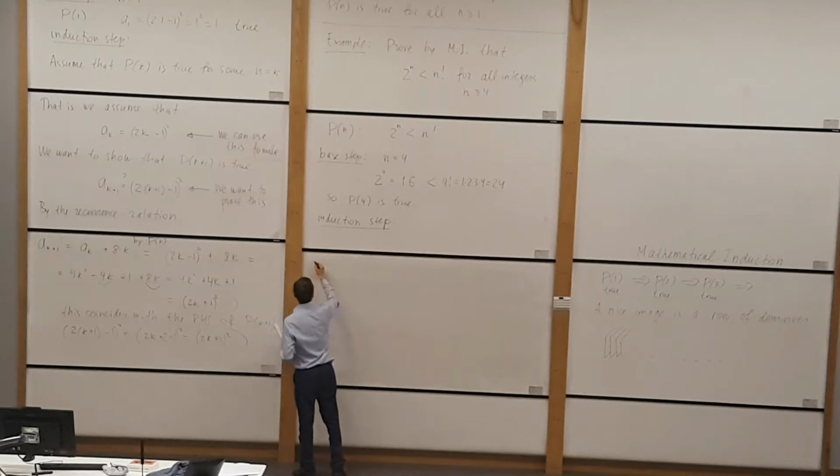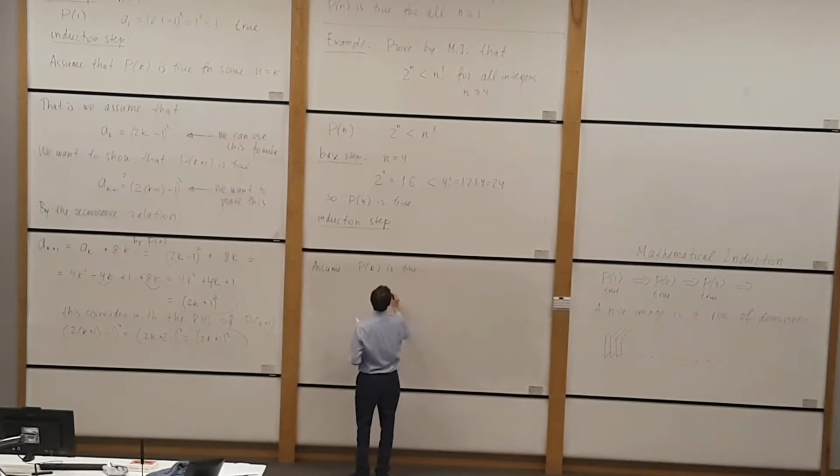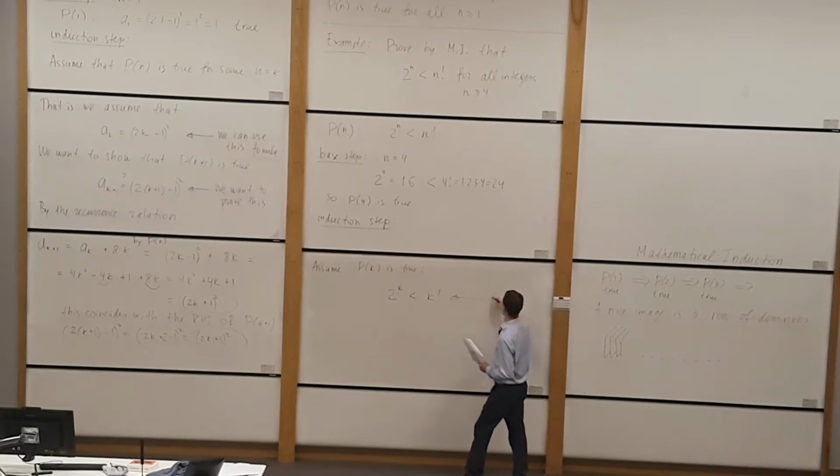So assume P of k is true, which means that 2 to the power k is less than k factorial. And I mark for myself that this can be used.